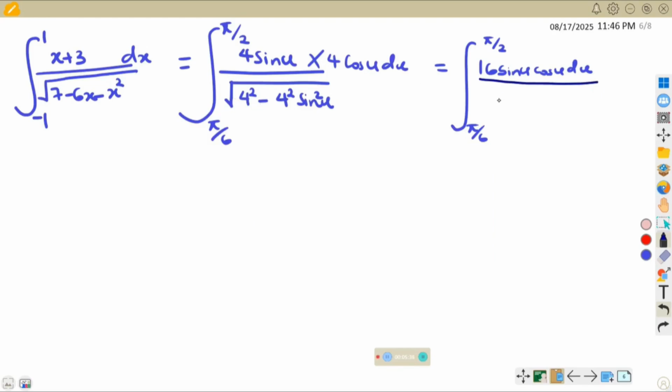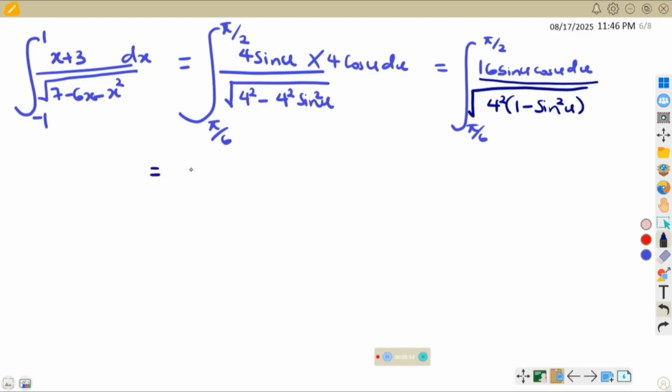I'm having a common factor, which is 4 squared. I'm going to pull out 4 squared. I will have 4 squared into 1 minus sine squared u, but everything under a square root.